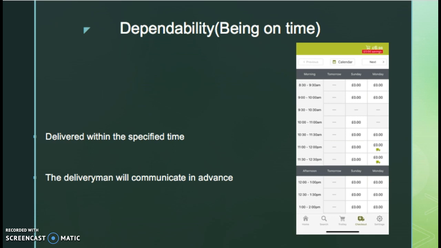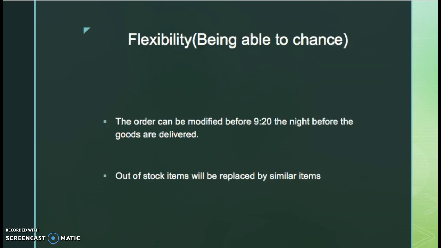And if something happens, the delivery will communicate with customers in advance. Also, Ocado's order can be changed and modified before 9:20 before your delivery day. And some out of stock items will be replaced by similar items.